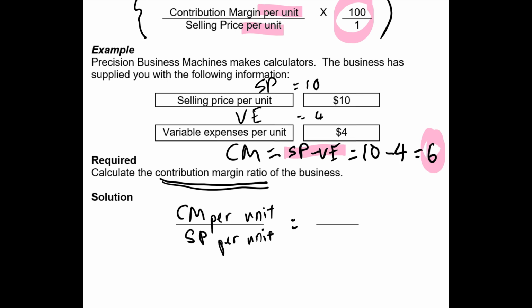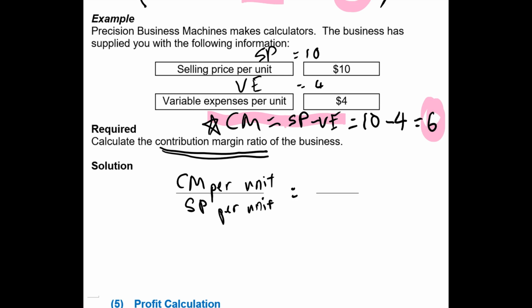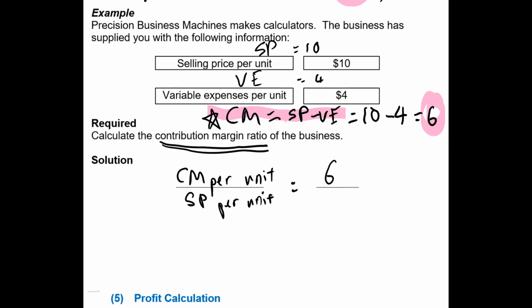You must remember this, as I mentioned just now, you are going to use this formula quite often. So CM per unit equals $6, which is 10 minus 4. And your selling price is $10. Where do you get your selling price? It's over here. So selling price, $10.